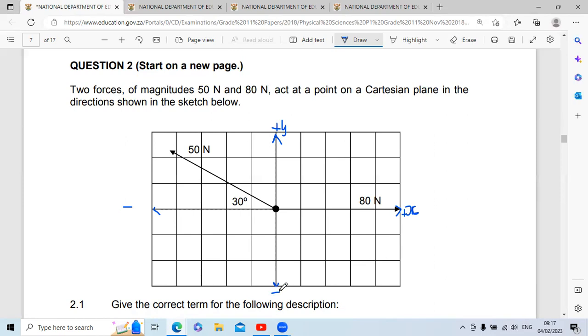Since we have an angle of 30 degrees here, what I usually suggest when it comes to angles is that we start on the x-axis and go to wherever the angle leads us. When measuring angles, you start on the positive x-axis and go a bit like this.